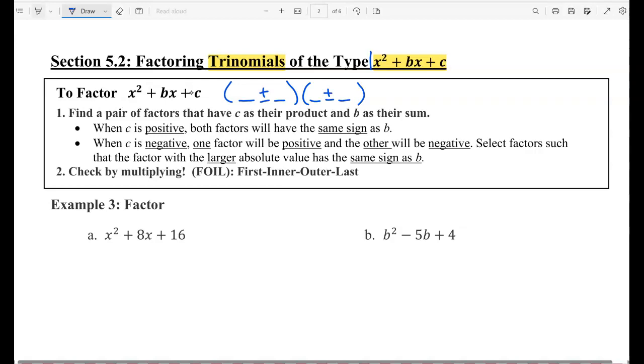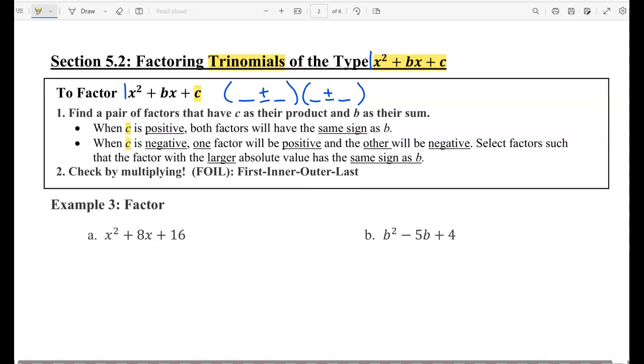So we're going to talk about some of the guidelines for determining when we'll have positive or negatives inside our binomials, and it will all be based on C. So when we talk about C, C is the constant that stands alone. B is the constant on the x term, and then eventually we'll talk about having an A here, but for now it's a 1 in front of our x squared.